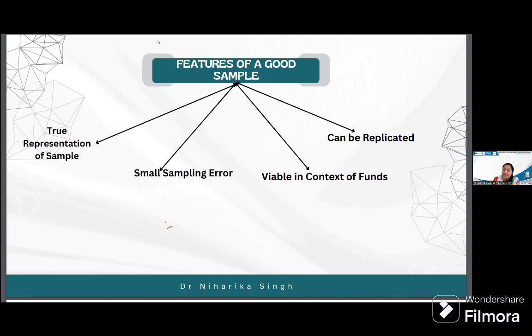And that is why, if you have a biased sample, then the sample might give a biased result, and your outcome might not be accurate or might have more error, and that might result in a biased outcome, which eventually will not be a good result that can be replicated elsewhere.